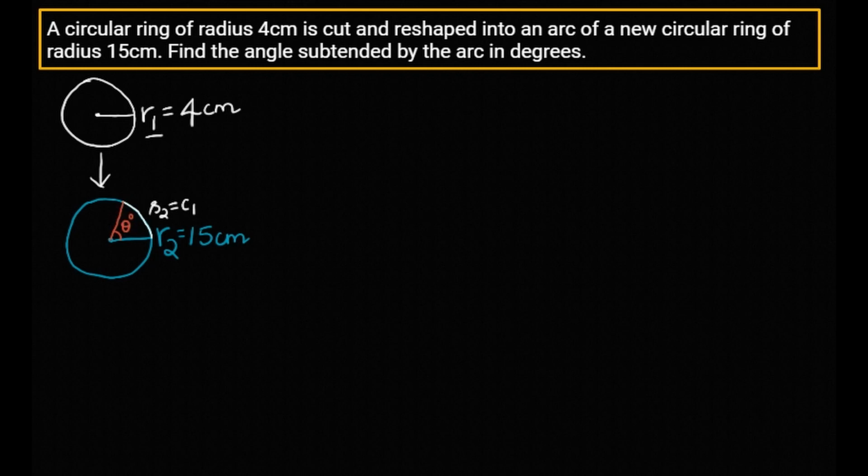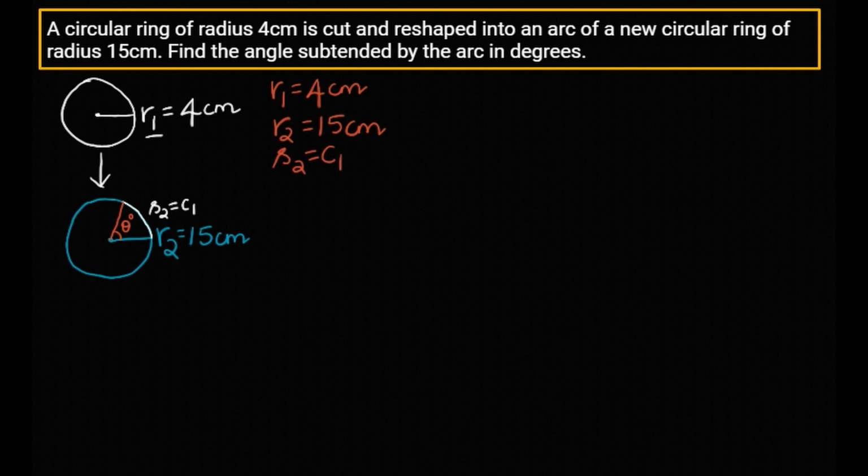So first let us write down the data. The radius of the first circular ring is 4 centimeters and the radius of the second circular ring is 15 centimeters, and the arc of the second circular ring is equal to the circumference of the first circular ring.